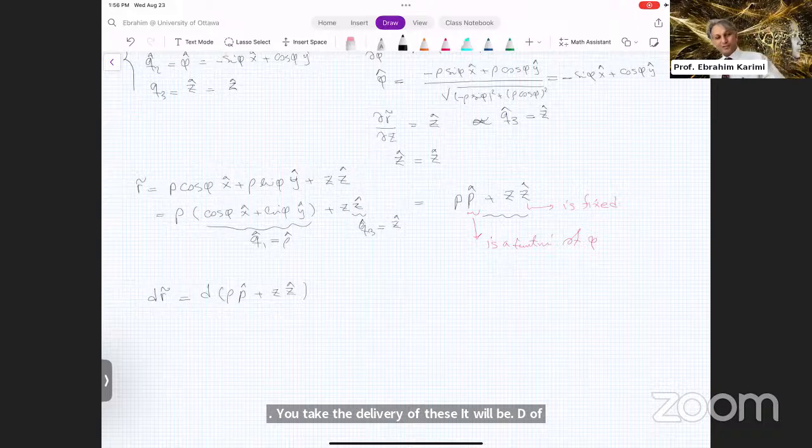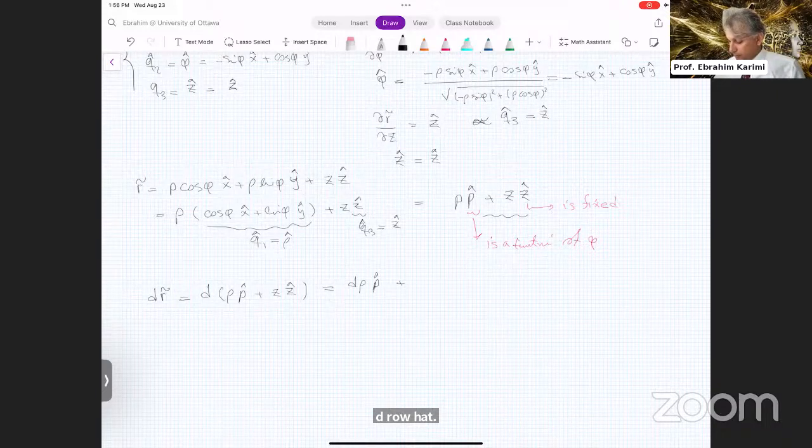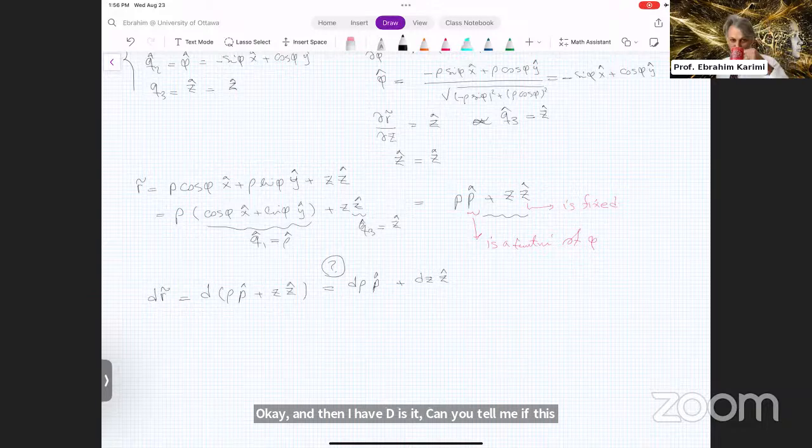What will be the result? Can you type it here? I will write something and tell me if it's correct or not. So if everything is going smooth, then that should be rho d rho hat, okay? And then I have dz z hat. Can you tell me if this is true or not?